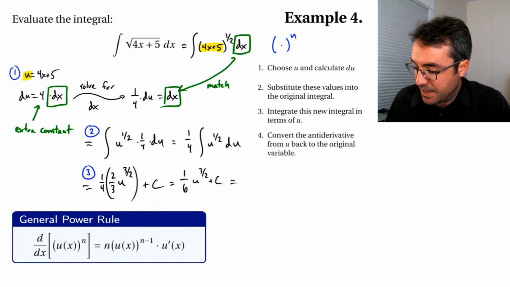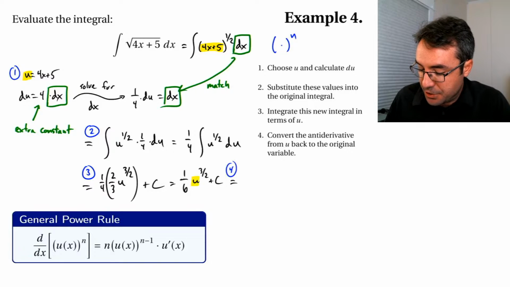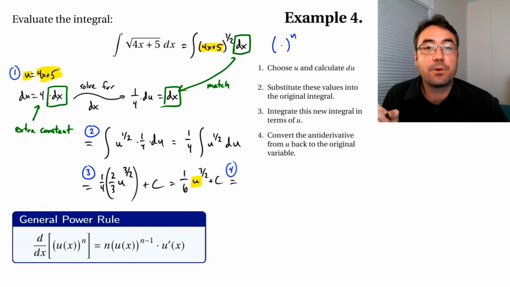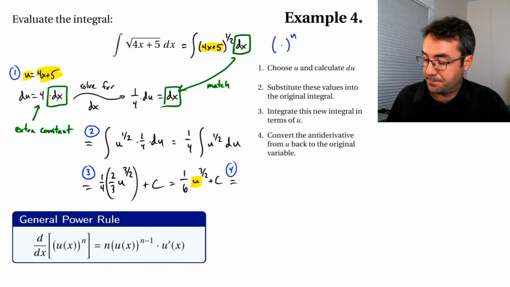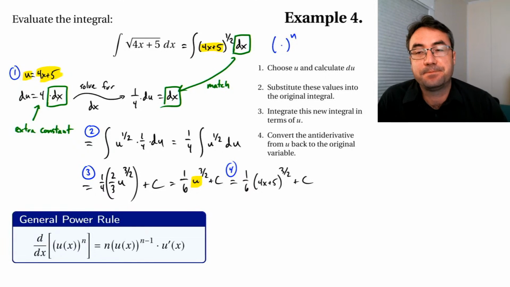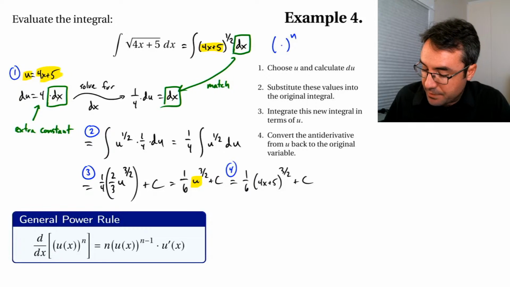And then our very last step is to convert back to x. So basically, wherever I see a u, I'm going to change that back into 4x plus 5. So I'll have 1 over 6, 4x plus 5 raised to the 3/2 power plus c. And that's my antiderivative, so that's my answer.